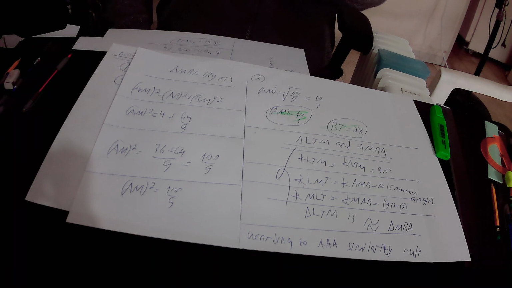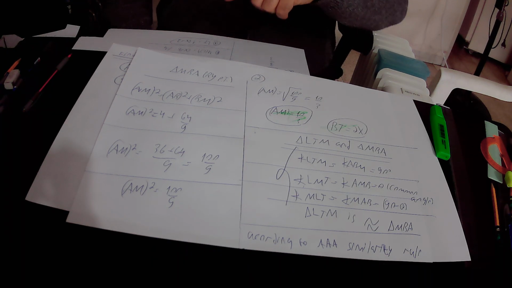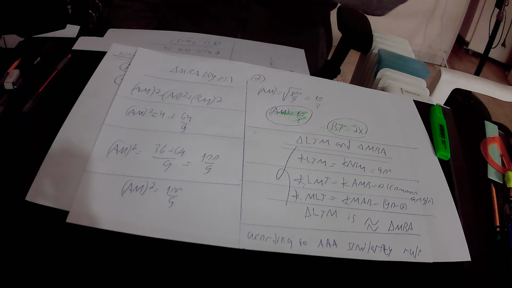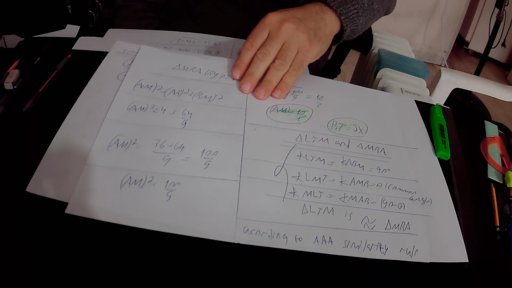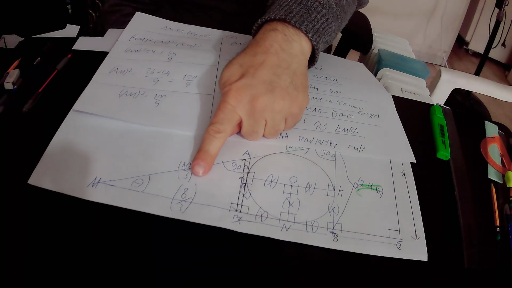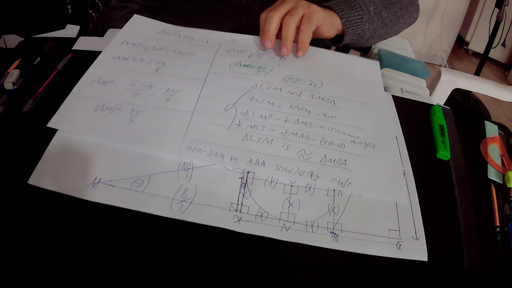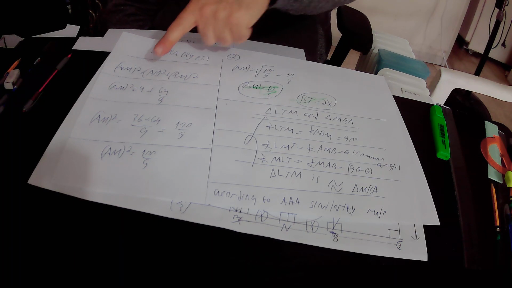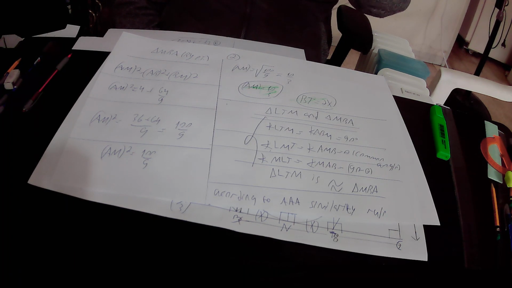So AM squared, that is the square of the hypotenuse, equals AB squared. AB is 2, therefore AB squared is 2 squared, that is 4, plus BM squared. BM is 8 over 3, therefore BM squared is 8 over 3 squared, that is 64 over 9. So in conclusion, AM squared equals 4 plus 64 over 9.